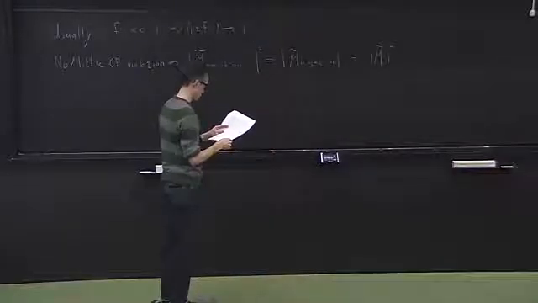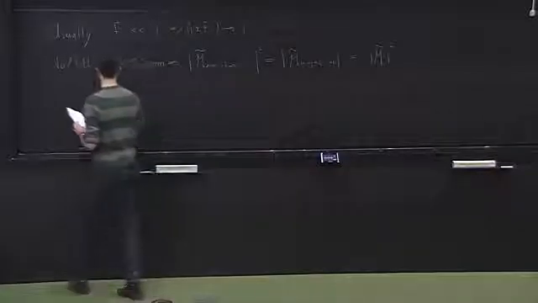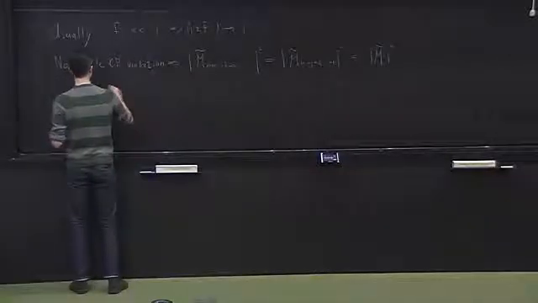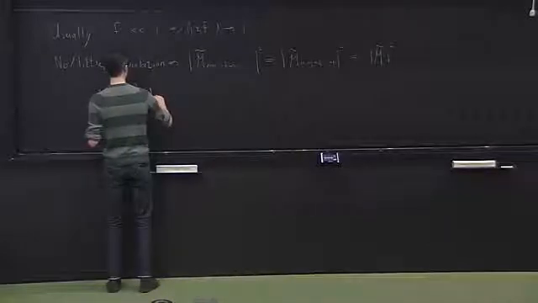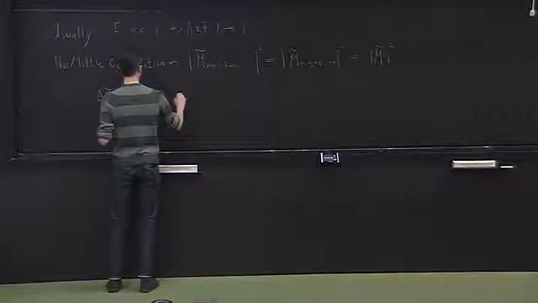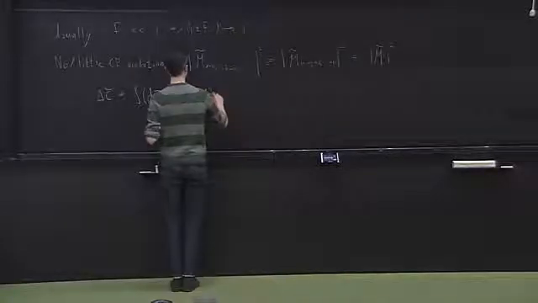Okay. So now if we plug all this stuff back in, we get a simplified form with these approximations. We get a delta c tilde equal to this integral over the initial phase space, integrals over the final phase space.